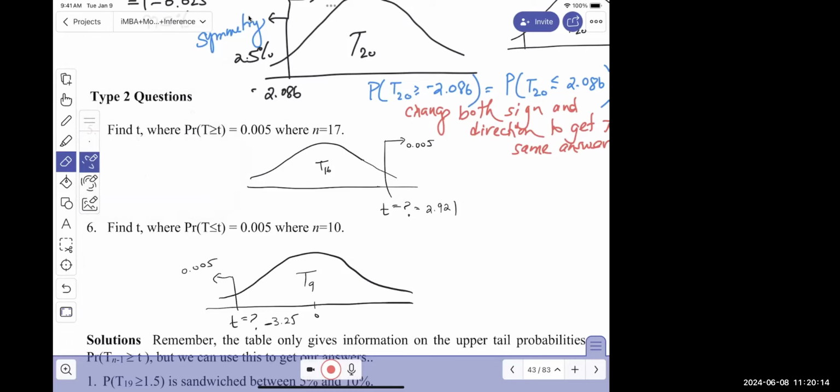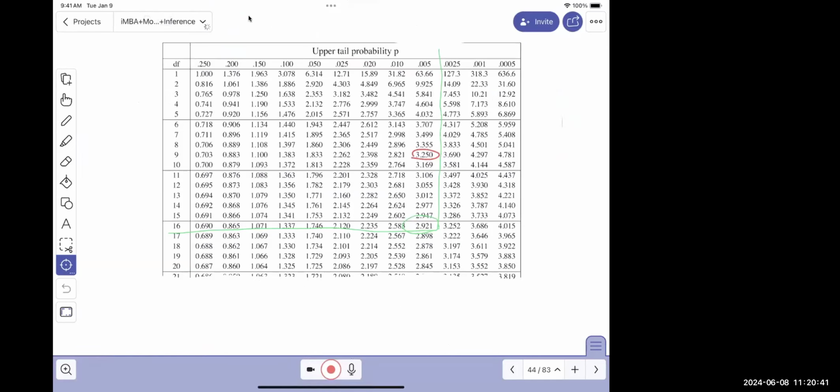Let me clean this up. All right. And again, there are some other problems. I have them described and I just showed you the graphs.